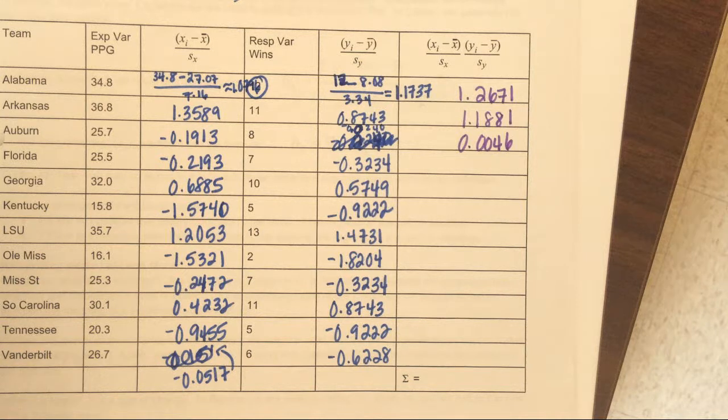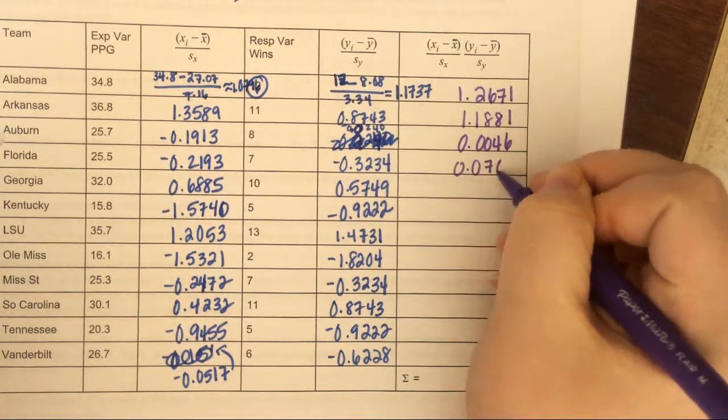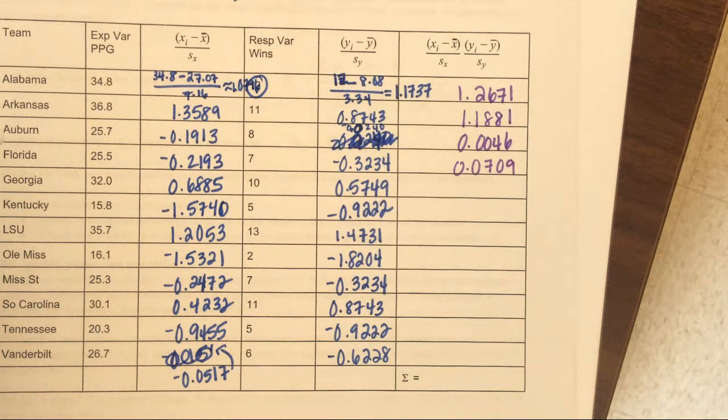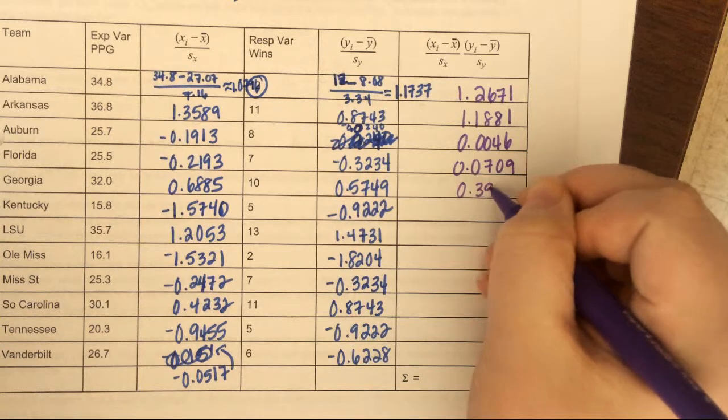Negative 0.2193 times negative 0.3234, and we get 0.0709. Positive 0.6885 times 0.5749, we get positive 0.3958.